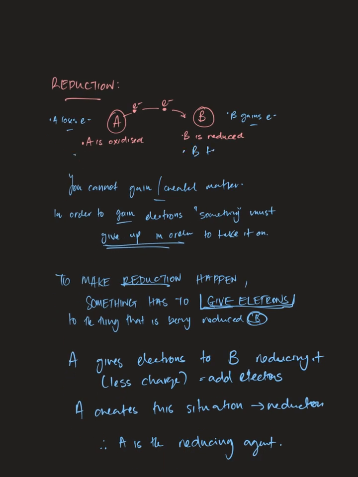So if I'm looking here, I can say that B takes electrons from A, reducing it. As a result, A is the reducing agent.